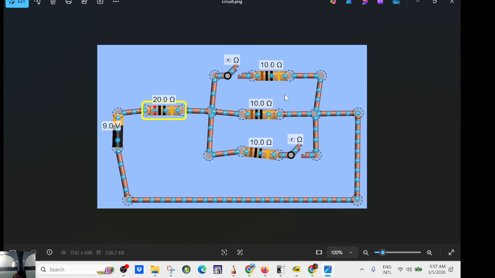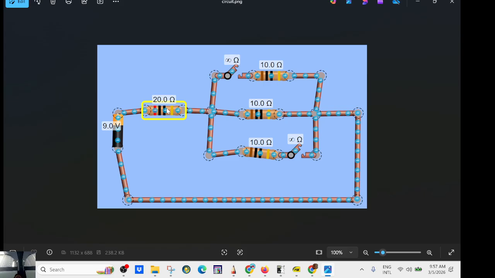If I don't close the switch, this is open, this is open, what's going to be the equivalent resistance? Here it's going to be 10, but here I have 20, so it's going to be 30.